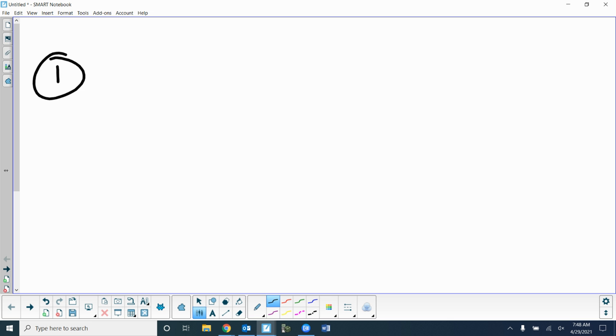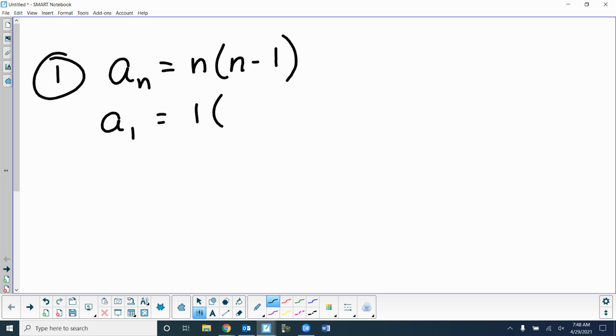Okay, so we're supposed to find the first three terms and then the eighth term of the sequence. And here's the rule for our sequence. So remember, A sub 1 means we're looking for the first term, so wherever we see n, we put a 1.